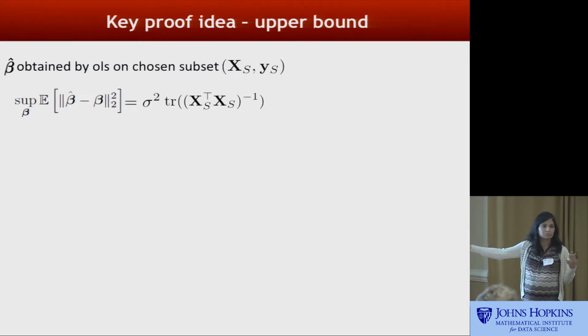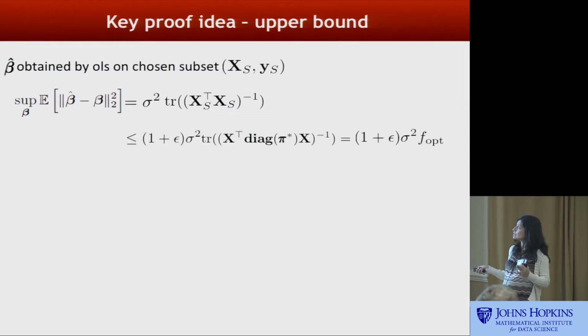We already saw the formula earlier for a subset S. It's given by sigma square trace of XS transpose XS inverse. And the only step I need to show is that this is less than 1 plus epsilon times sigma square times the trace of this matrix, which is basically my convex objective. So all I need to show is this one step.